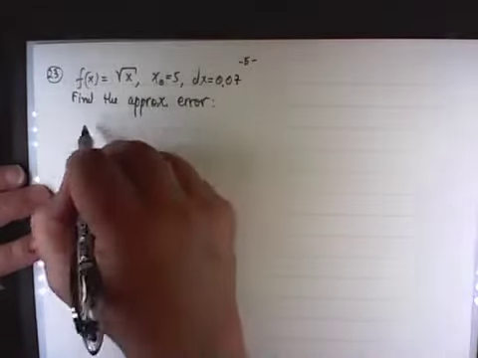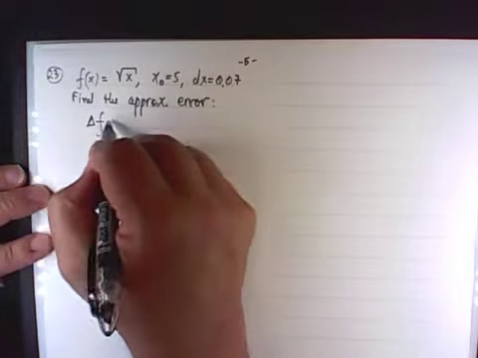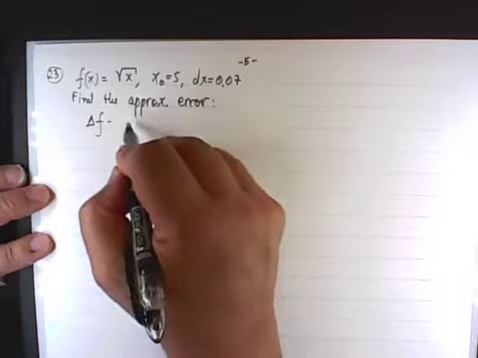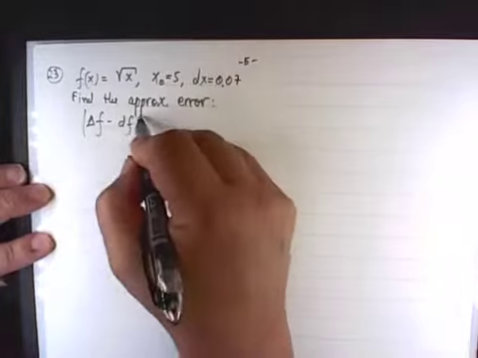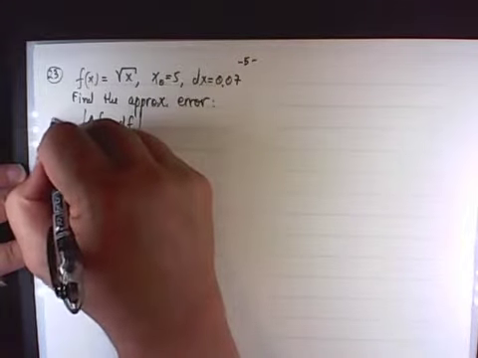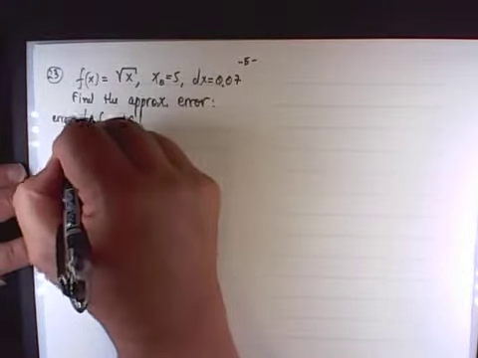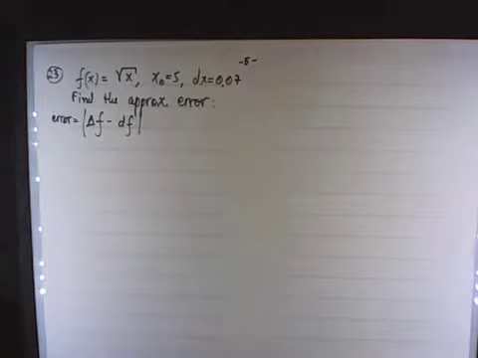They are kind enough to tell us this is the difference between delta f and df. So we are talking about differentials. So we say that the error E equals the absolute value of delta f minus df.